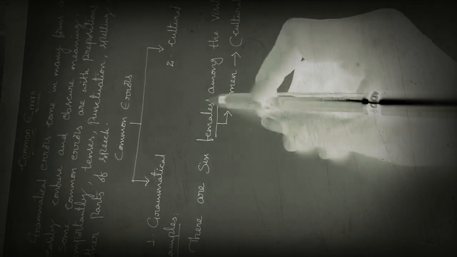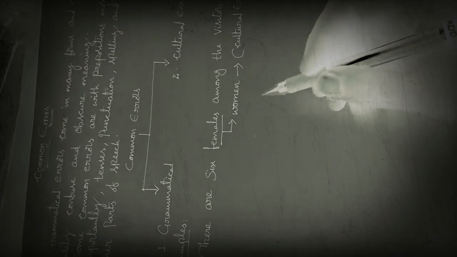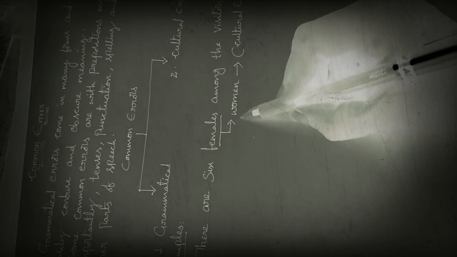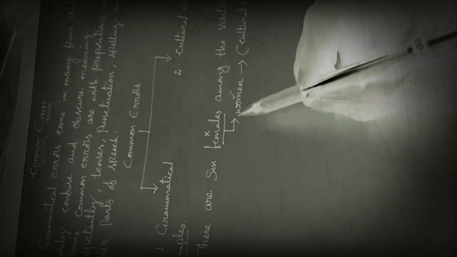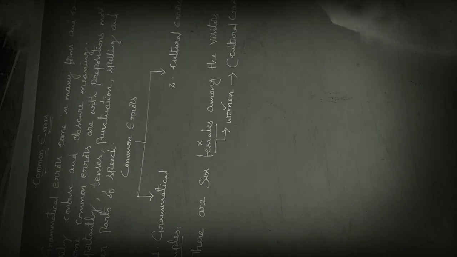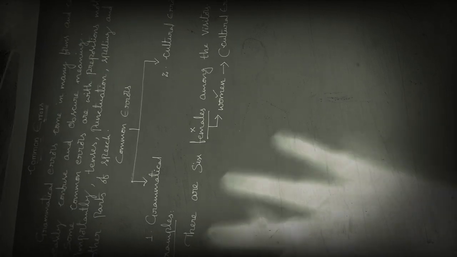So here females is a cultural error. So we correct the sentence with this word women. Okay, so this is right. Here this is wrong. So this type of error is called cultural error. So one more example, you also try it. You also write in comment box one more example for cultural error.